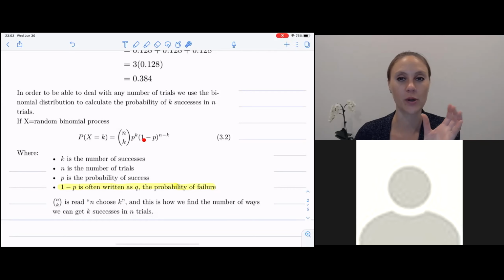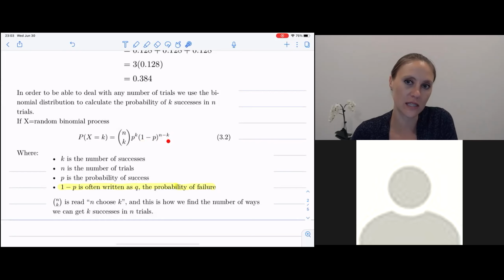Then you have the probability of a failure to the power of what? Essentially, however many failures you have. n is the number of trials. Subtracting the number of successes should leave you with the number of failures, right? And you have the probability of a success to the power of however many successes.